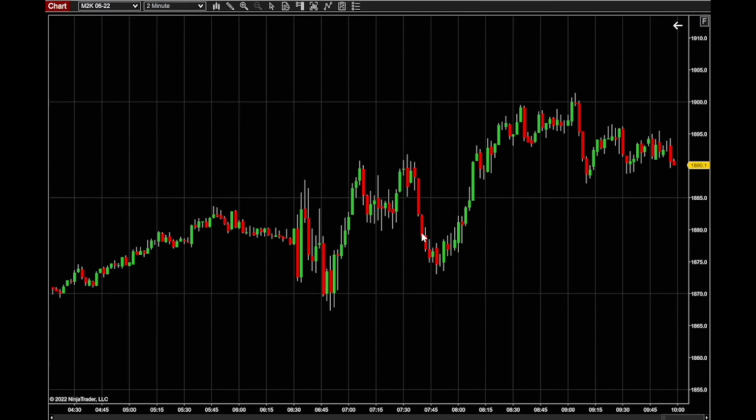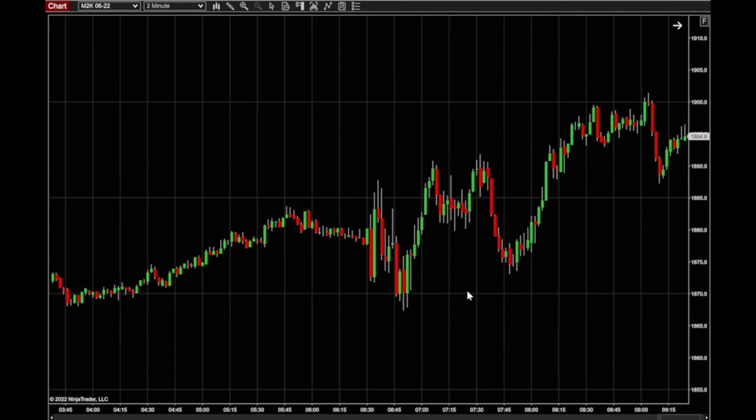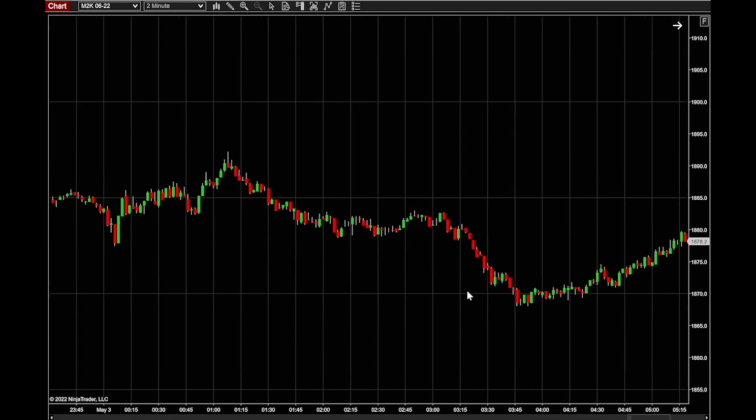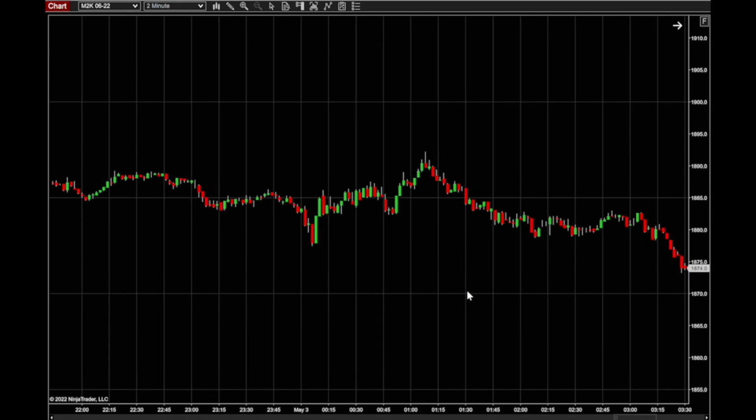Now, it could do the exact opposite. Let me see if I can find a nice little sample of what it might look like in the other way. Okay, let's say it was here. And the initial reaction in this case, down.